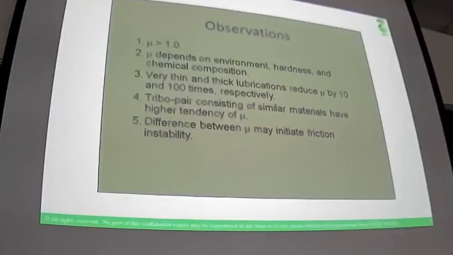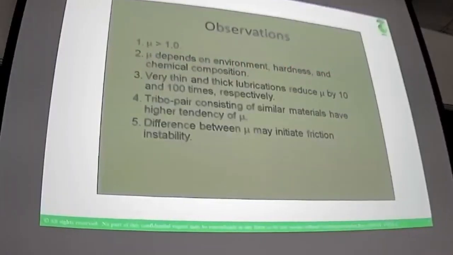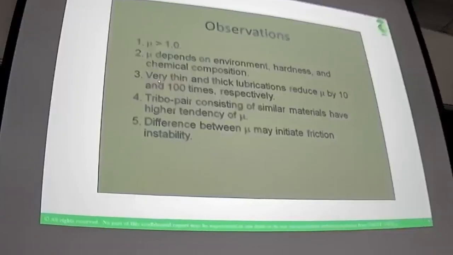For wood on wood, the coefficient of friction is usually greater than 1, and the coefficient of friction depends on the environment, hardness, and the chemical composition. And the third one, very thin and thick lubrication reduce friction 10 and 100 times respectively.